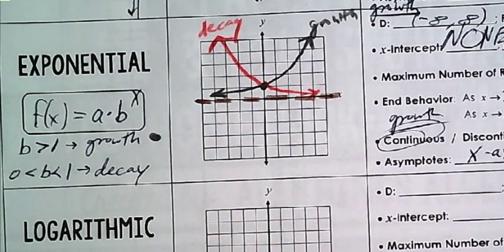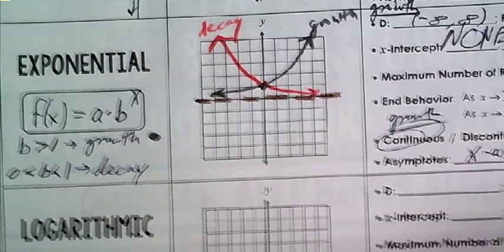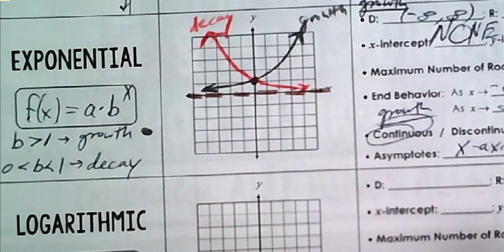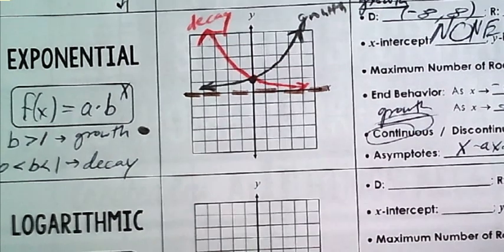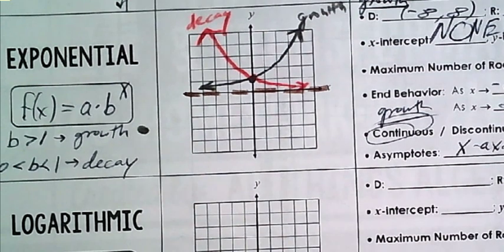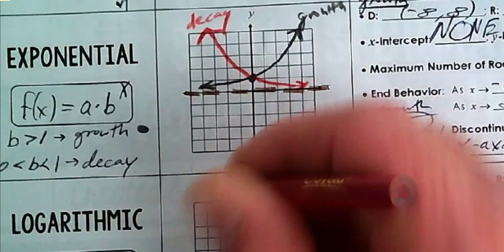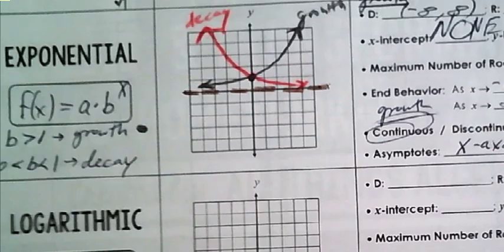Alright, so our exponential function had an asymptote. It was the x-axis. Guess what this asymptote is going to be? Y-axis. Which is the equation x equals 0. So I'm going to put a dotted line here, on 0.